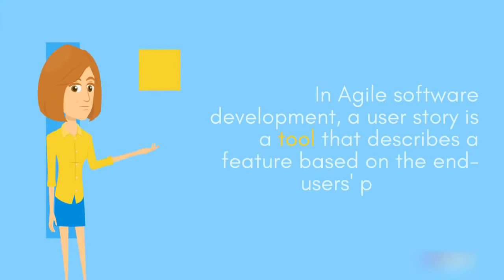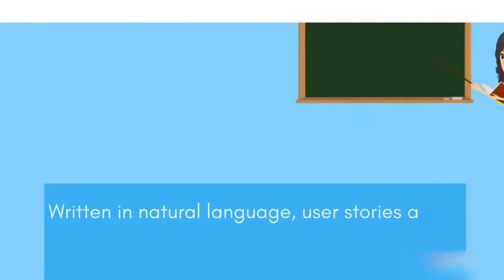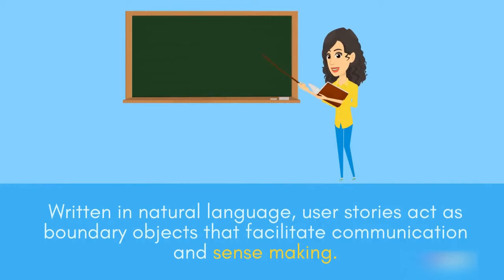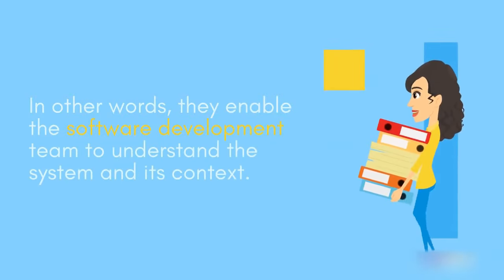In Agile software development, the user story is a tool that describes a feature based on the end user's perspective. Written in natural language, user stories act as boundary objects that facilitate communication and sense-making. In other words, they enable the software development team to understand the system and its context.